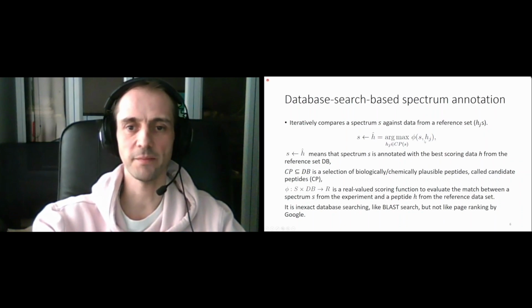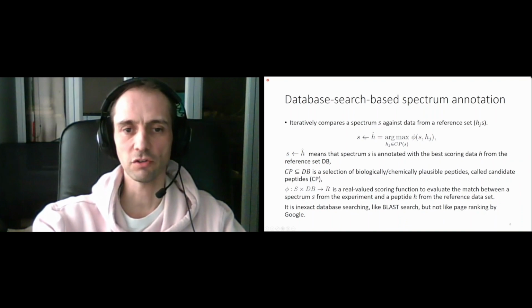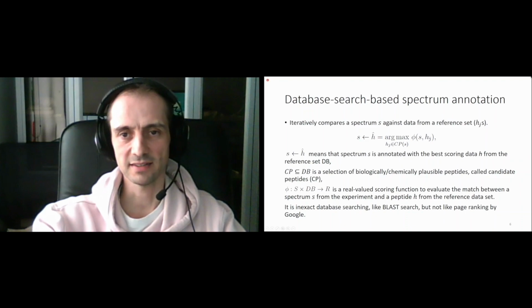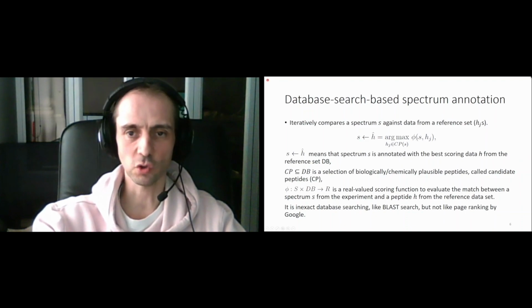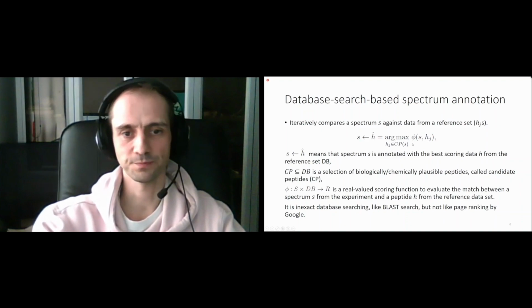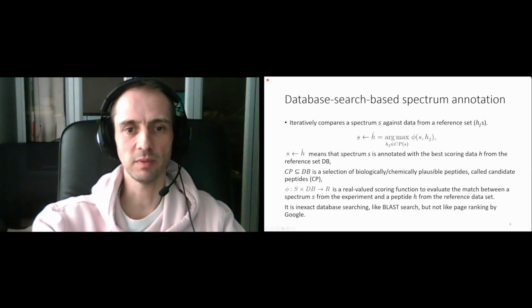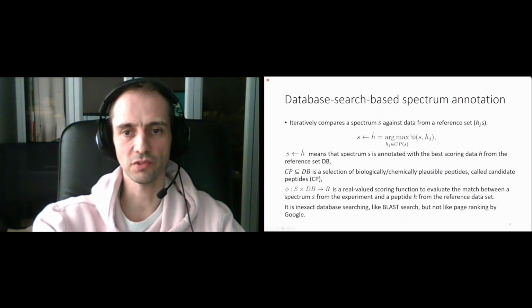We annotate the experimental spectrum with the peptide sequence from the reference set which produces the best matching or similarity score between the two. So the experimental spectrum is annotated by the peptide which produced the highest score.